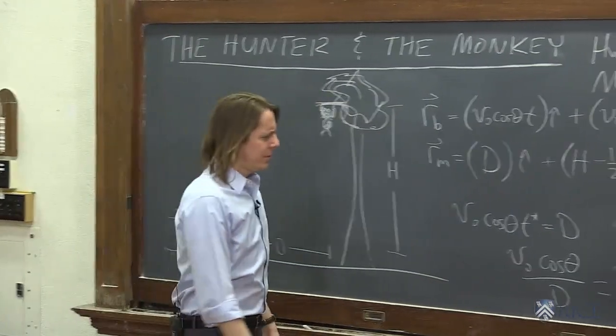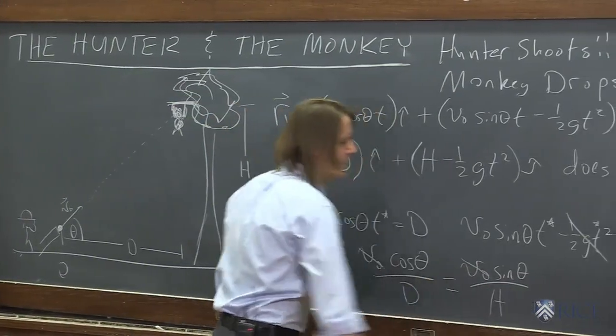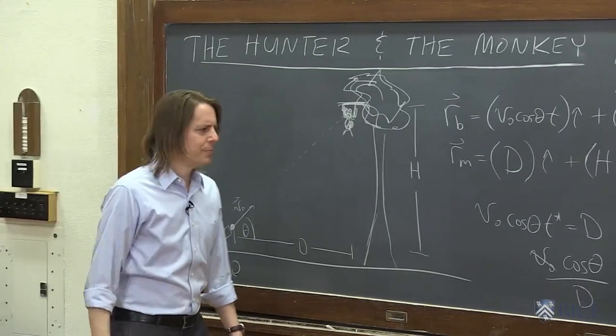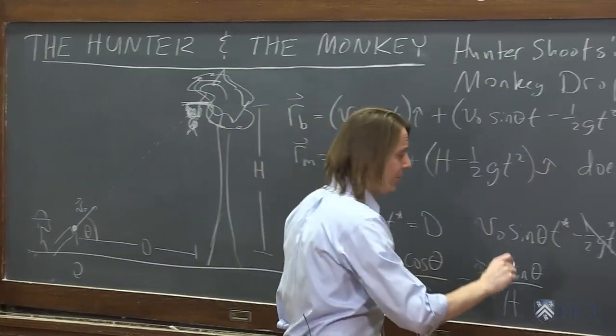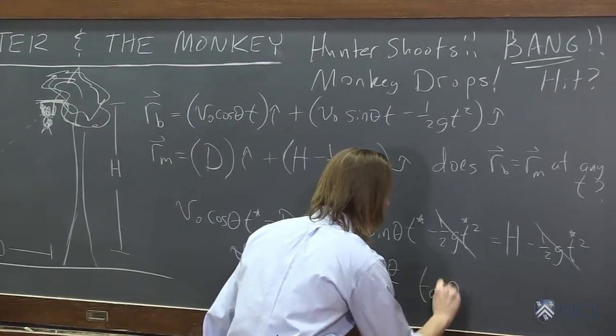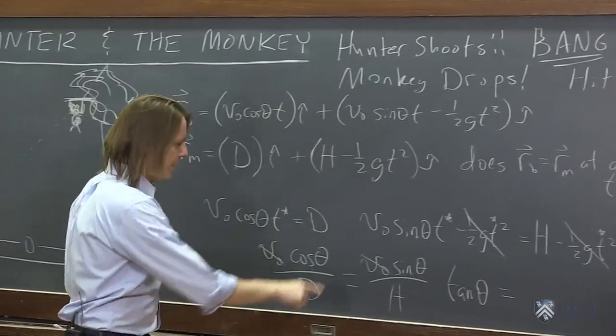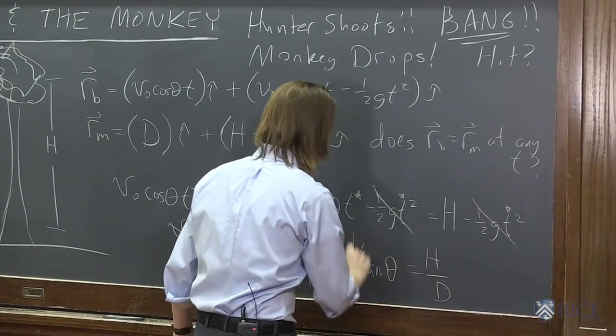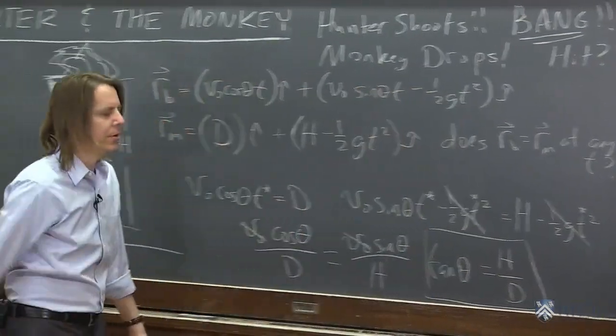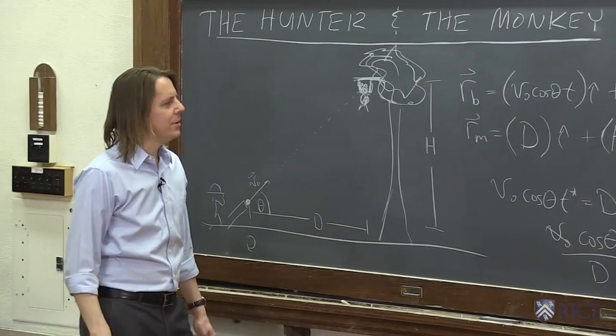And that looks weird. What can we do with that? Well, we can cancel the v naught. Now what would you do? We could put the sine over the cosine and call it tangent. That's popular. All right, so let's say tangent theta equals h over d. So this is the condition that's required for the bullet to hit the monkey.